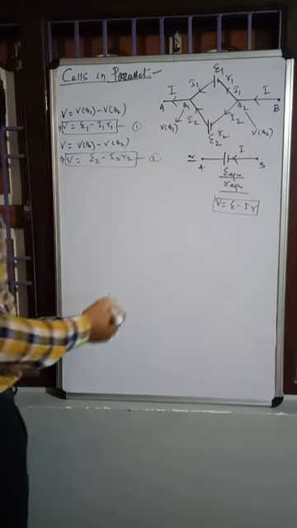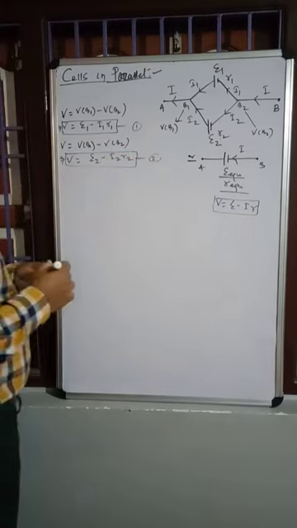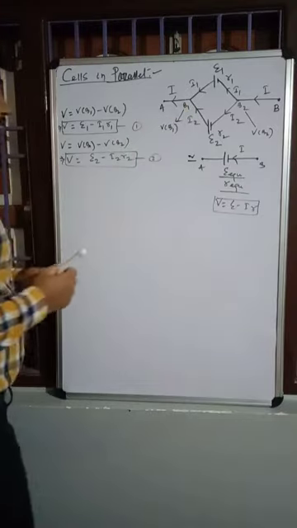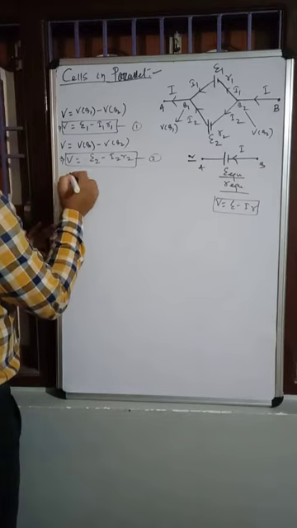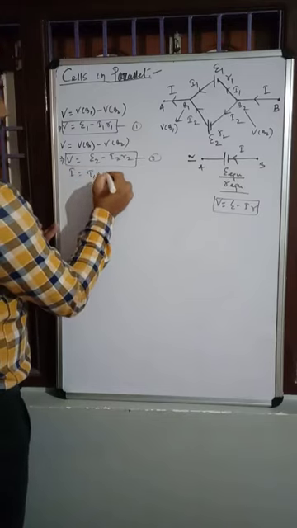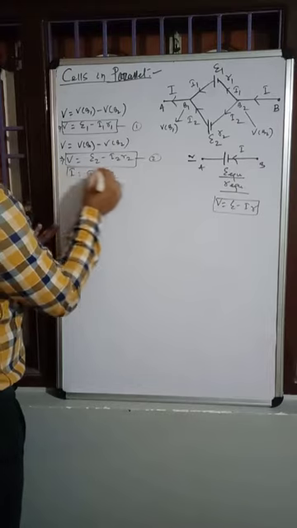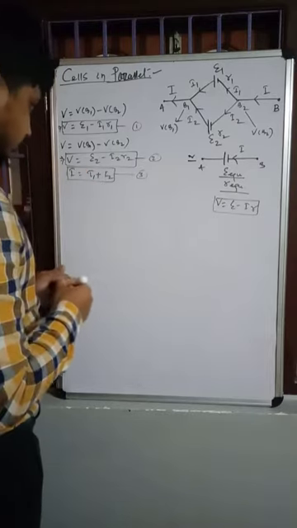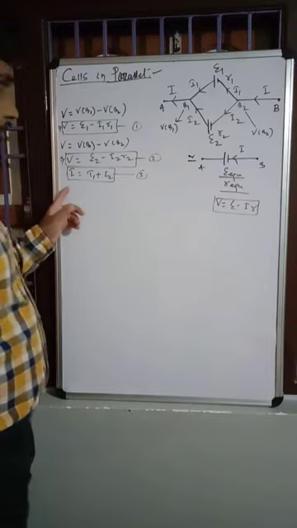Call this equation number 2. Now you can see that at this point the net current I equals I1 plus I2. Call this equation number 3.